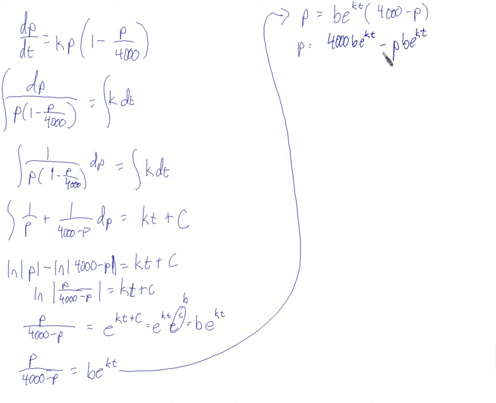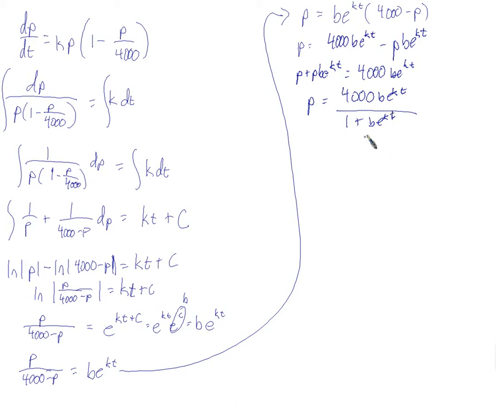And we'll add this to both sides, p plus p b e to the kt equals 4,000 b e to the kt. And we'll factor out this p and then divide, so you know what that's going to be like. We get 4,000 b e to the kt over 1 plus b e to the kt.